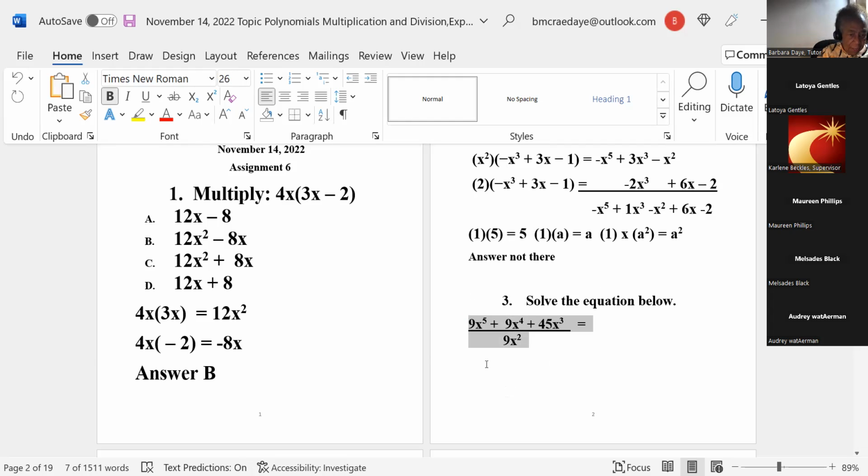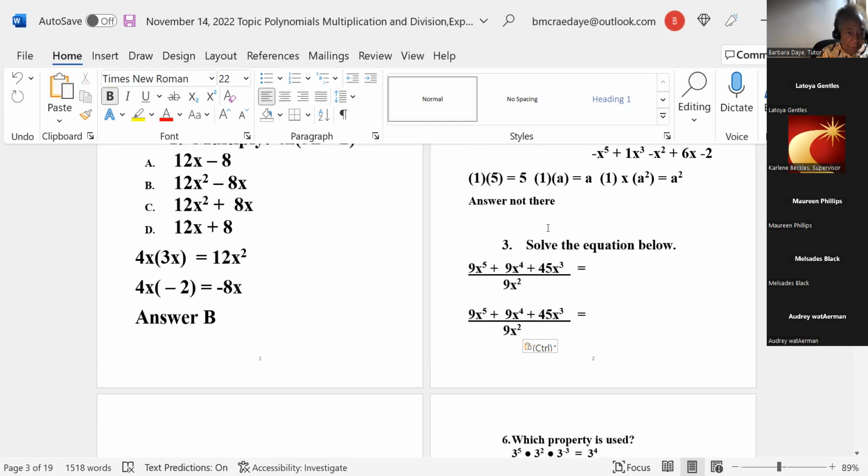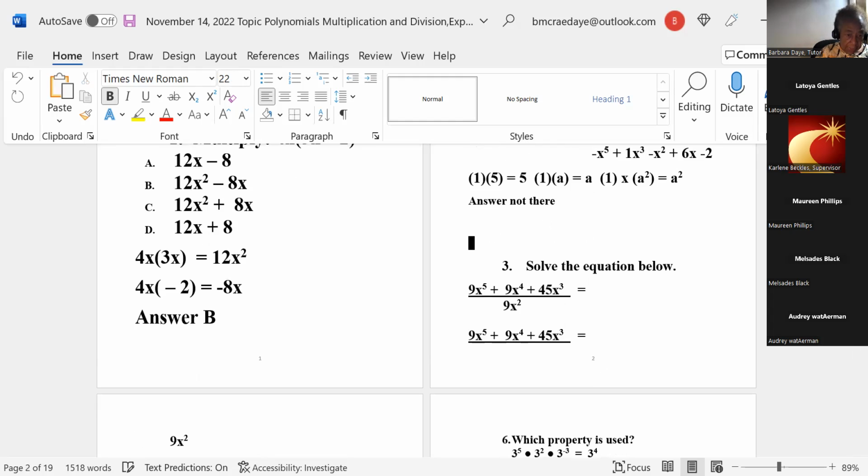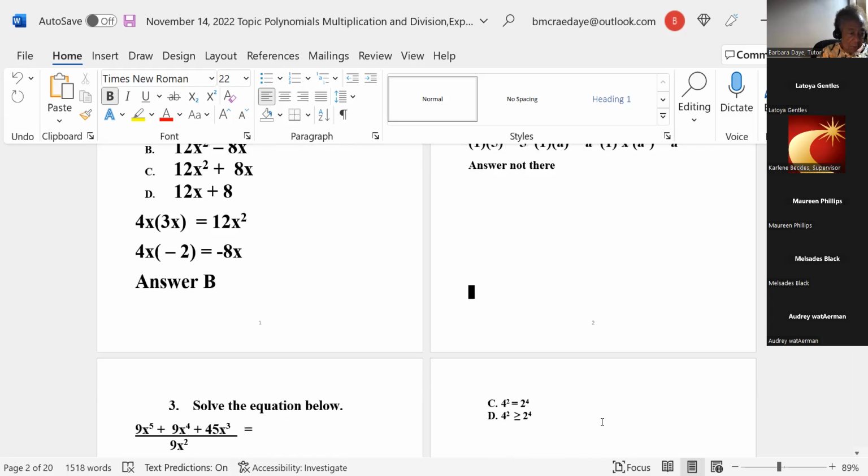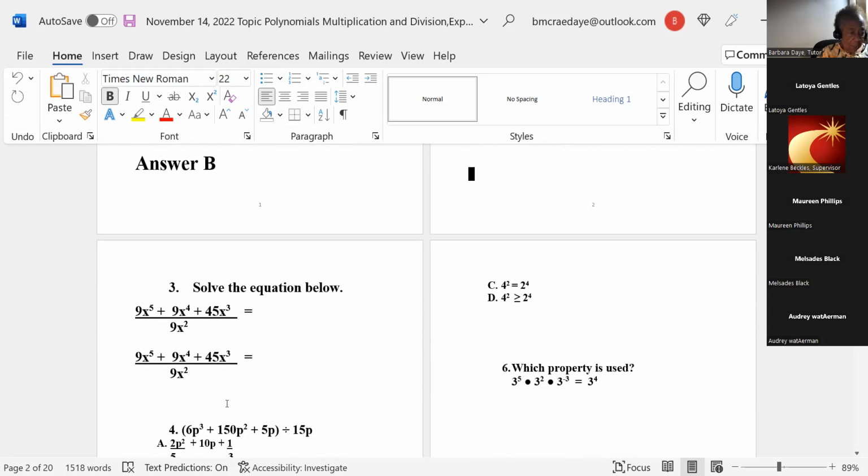Okay. Let me just write it down here, and I'm going to put this all on the next screen. Let me copy this 3 times, and then I want you to do the math.